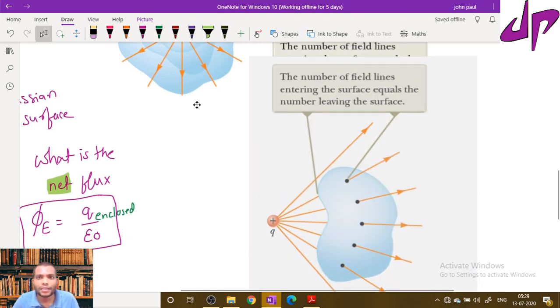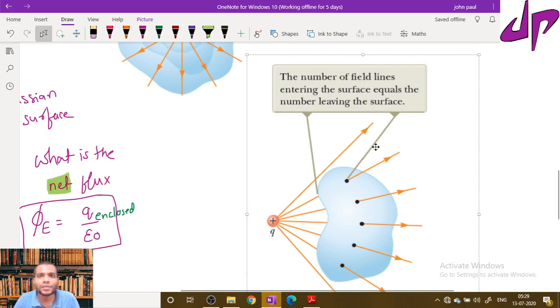The number of field lines entering the surface is equal to the number of field lines leaving the surface, because the Gaussian surface does not enclose the positive charge. That's why the net flux is 0. So to apply Gauss's law, we need to enclose the charge. We need to select a surface that covers the charge. Then only our problem gets simplified.